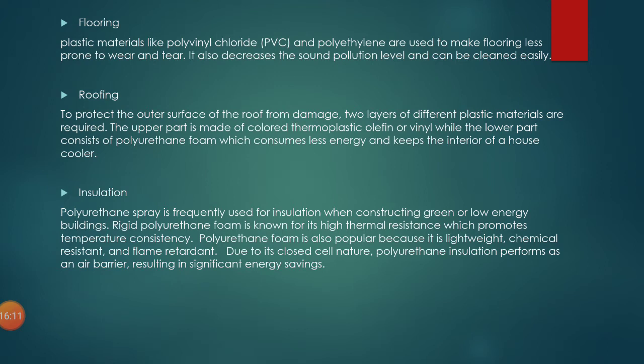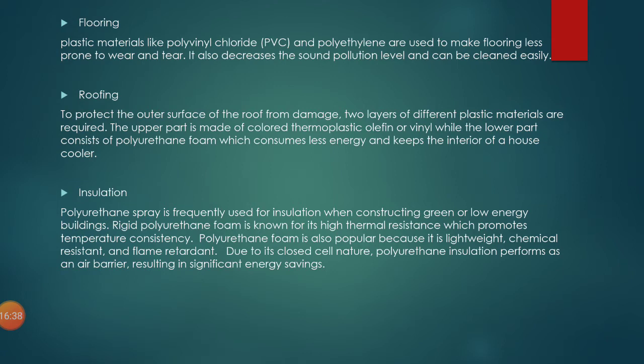Chemical resistant and flame retardant. So due to the adjustment of the properties, you can achieve a very chemical resistant as well as flame retardant material. Due to its closed cell nature, polyurethane insulation performs as an air barrier, resulting in significant energy saving.